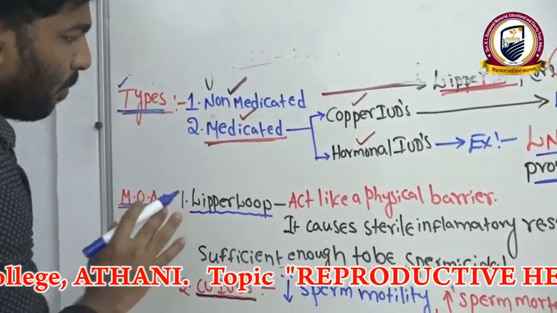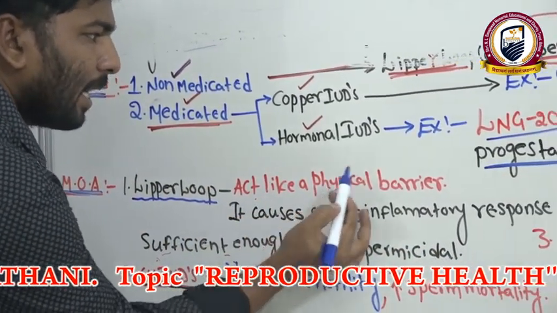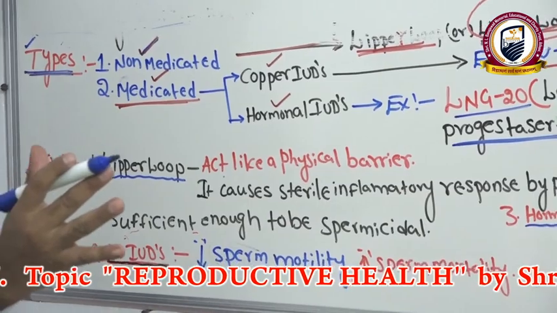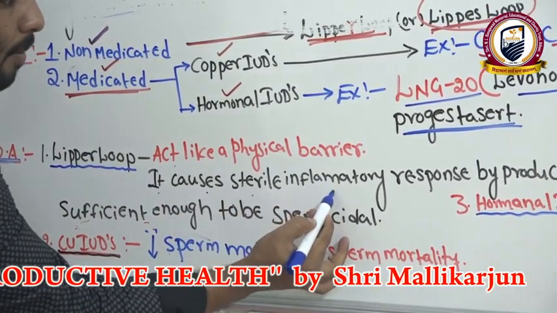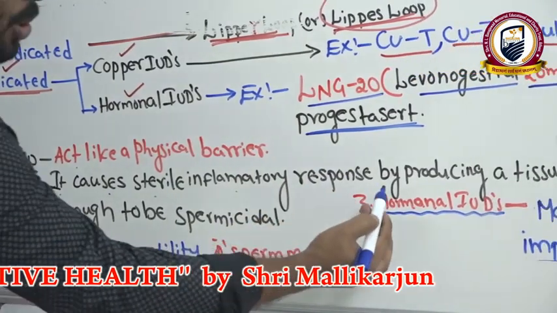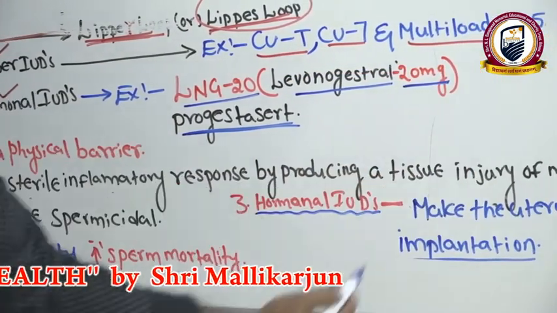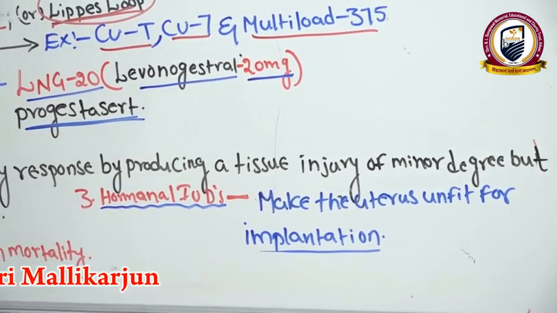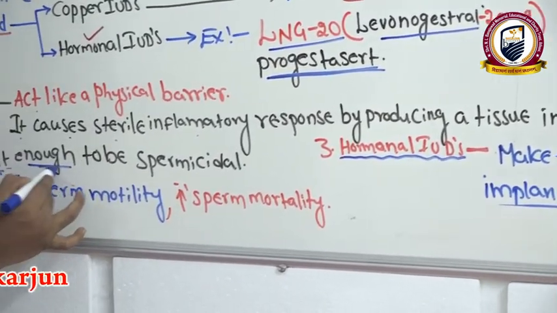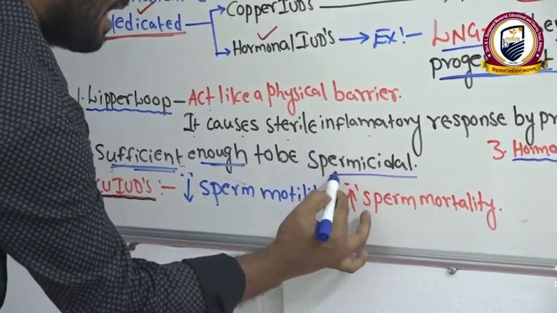of Lippes loop is that it acts as a physical barrier. It causes a sterile inflammatory response by producing a tissue injury of minor degree, but sufficient to have spermicidal activity.